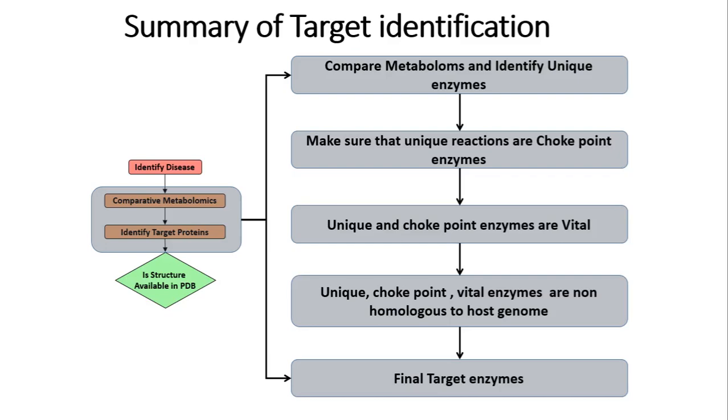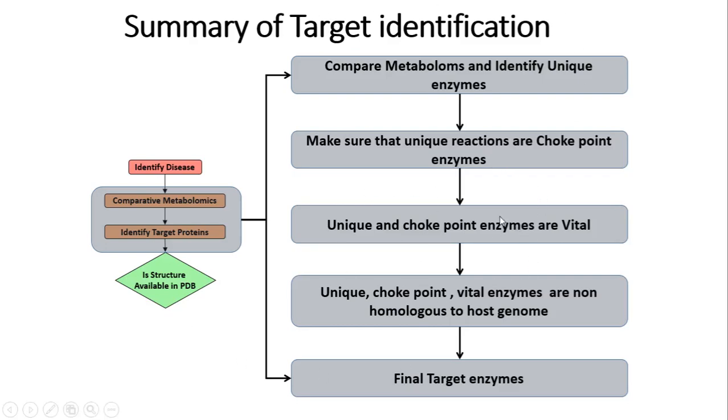Okay, so in this way you begin with say some 1000 enzymes that you have compared. You have shortlisted only 100, those are unique. Then again you have shortlisted say only 70 that are choke point reactions.